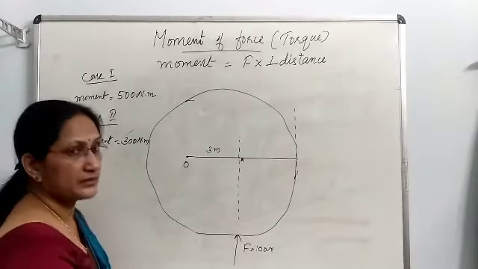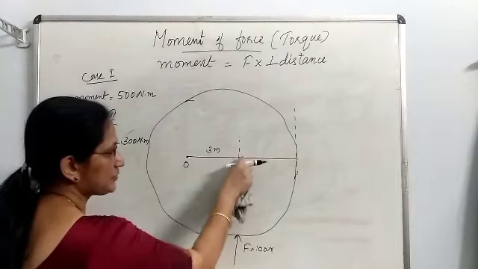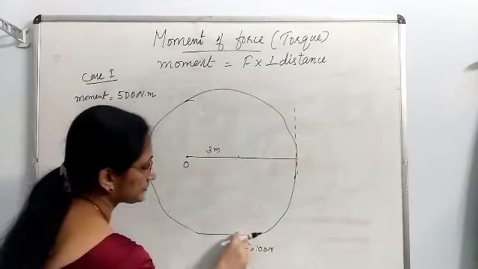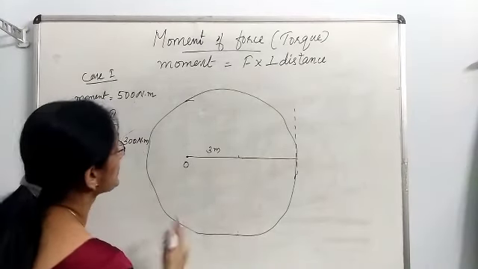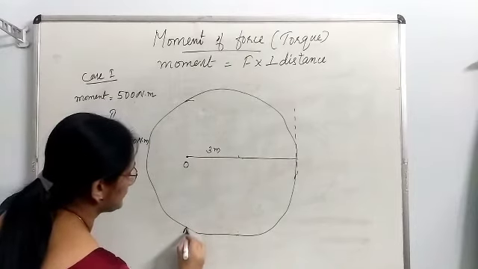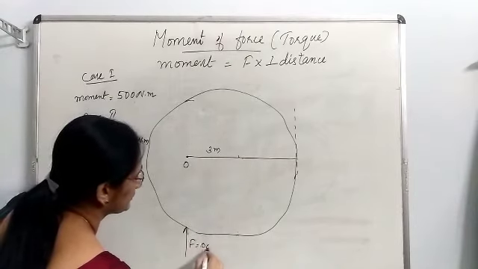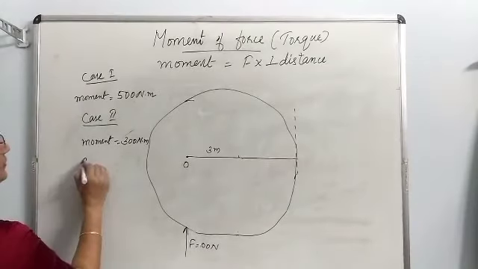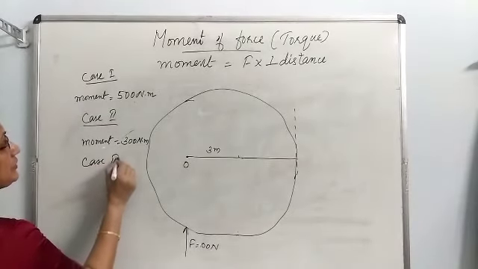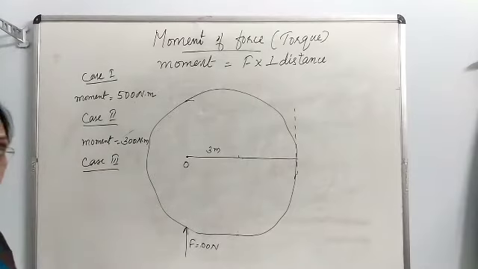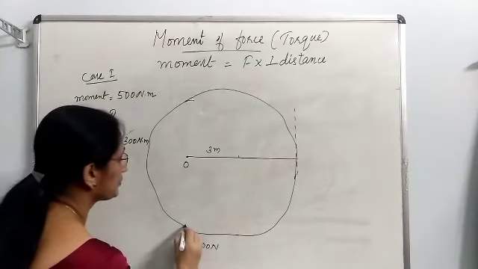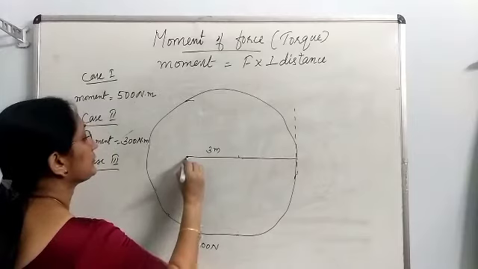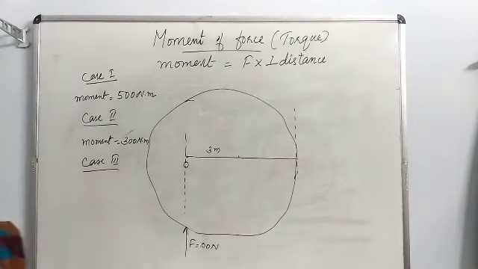Then again, third case, I am shifting this force to another point. Same force, 100 Newton is applied at another point, case 3. Let us see what will be the moment now. Again, draw the line of action of force. The line of action of force passes through the turning point.